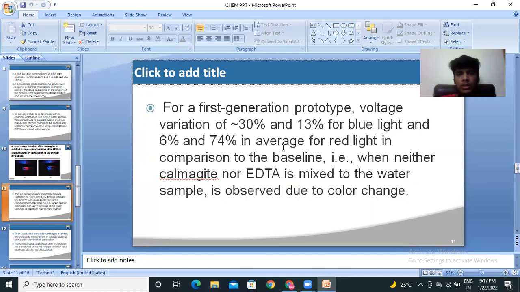This is in comparison to the baseline, when neither calmagite nor EDTA is mixed into the water sample, and is observed due to the color change.